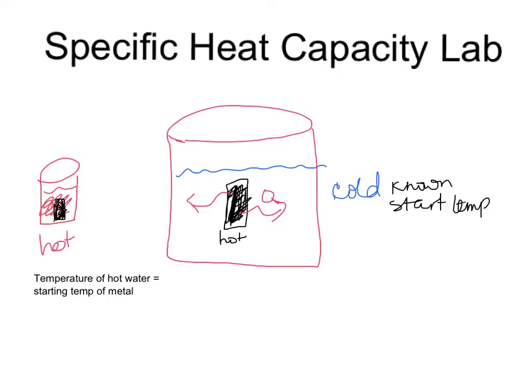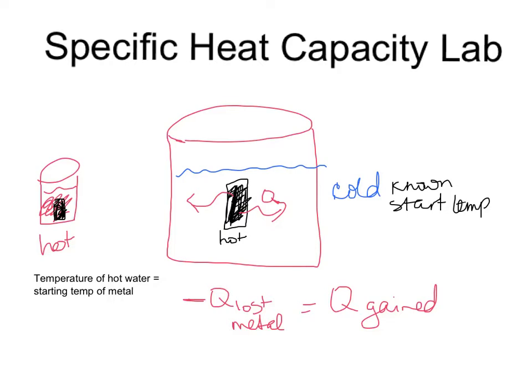And what we said before is conservation of energy: the heat lost by the metal is going to equal the heat gained by the water. Remember, if we lose heat, it's negative. So we're going to use this idea to calculate the heat capacity of the metal.